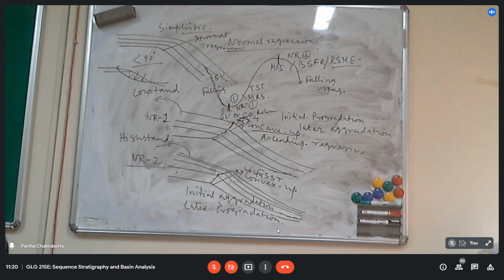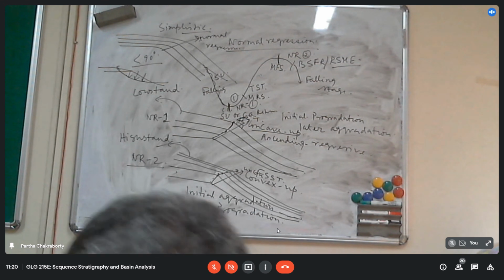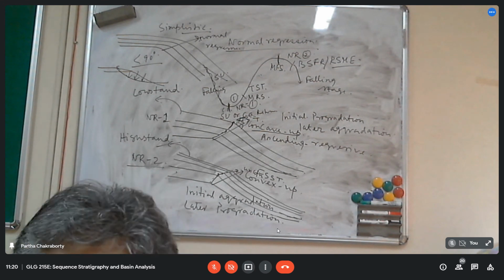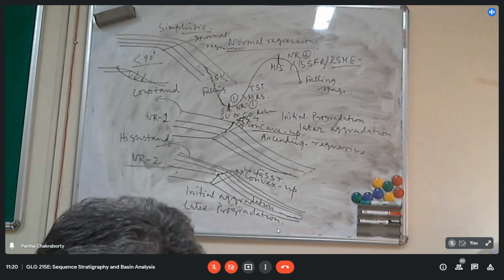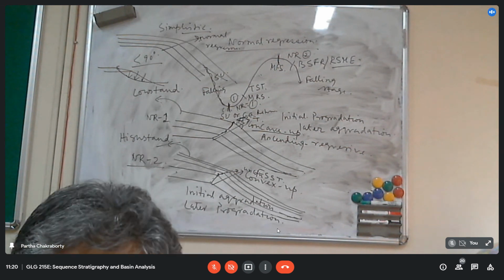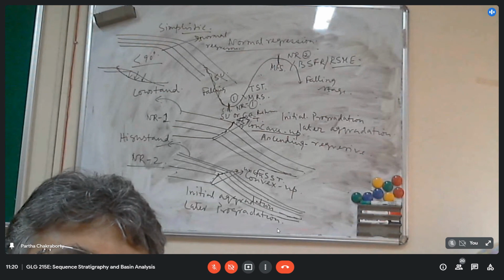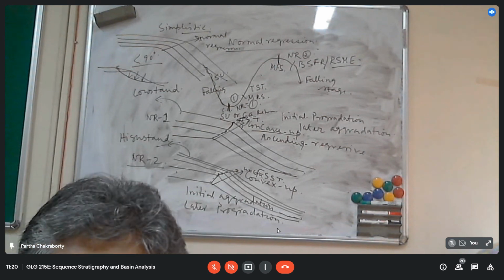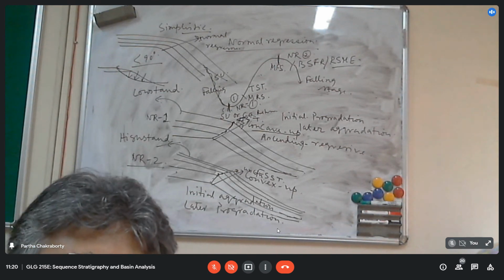Sir, if we see an unconformity surface on top of the sequence, so can we always say that it is normal regression? Normal regression, if we have the top surface, that is not only that, you have all other characters of normal. I cannot say that anything which is topped by the unconformity is a normal regression.